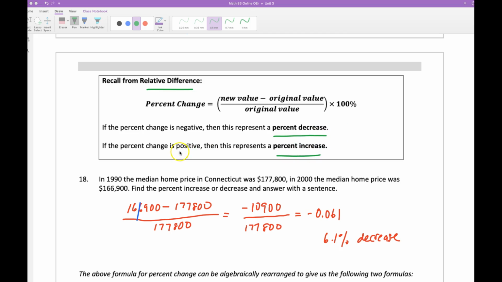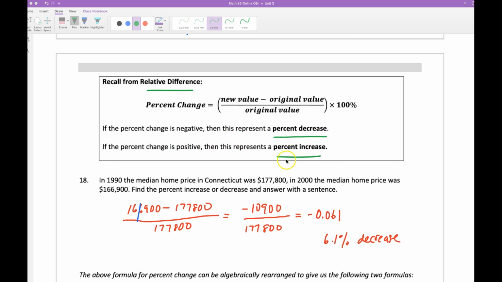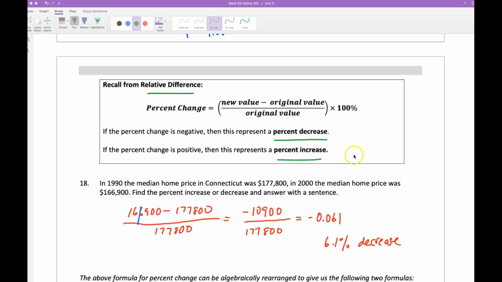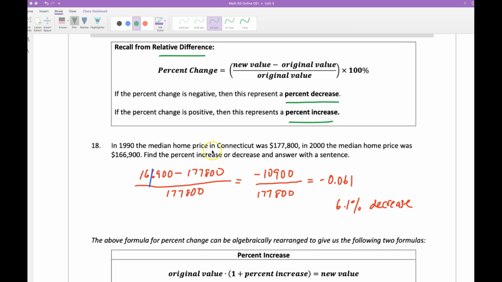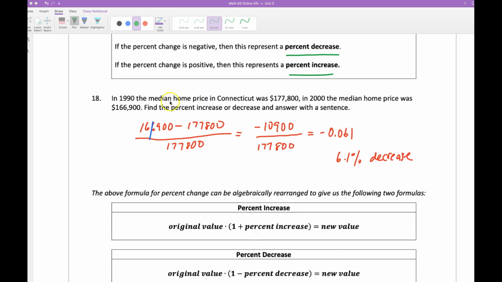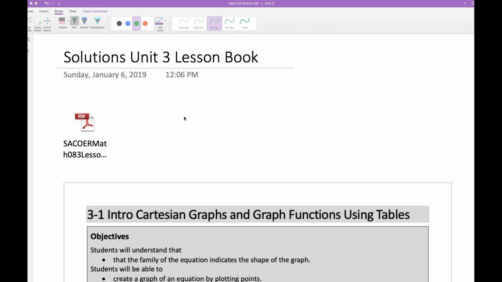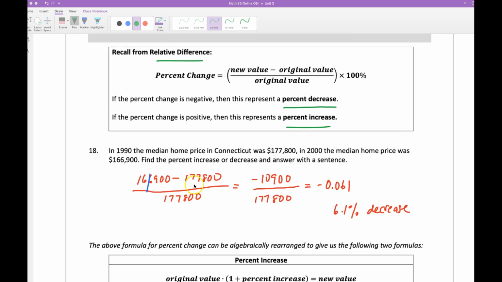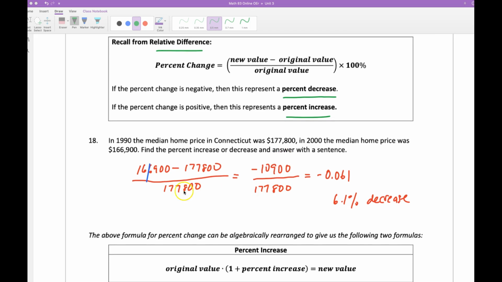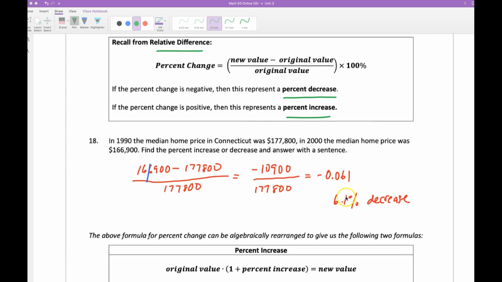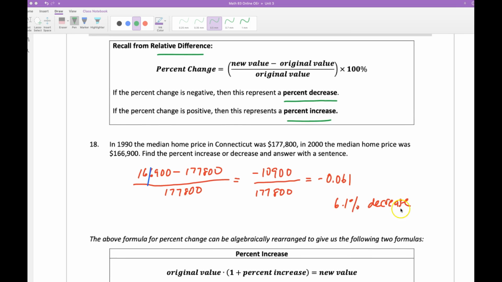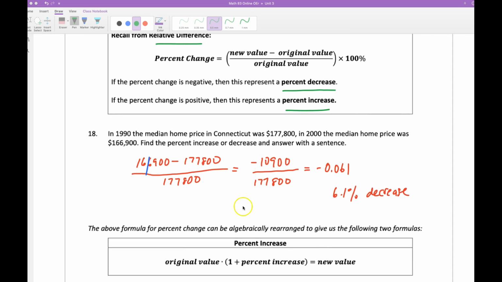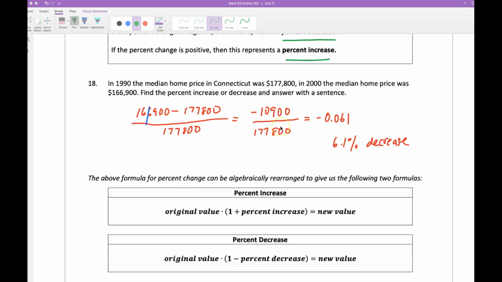In this case, you'll end up with positive or negative numbers, which represent a percent increase or decrease. For example, in this situation, we see the new value minus the original. You can see that we have a decrease. When you divide that by the original value, you end up with a 6.1% decrease. So you would solve problems using that formula.